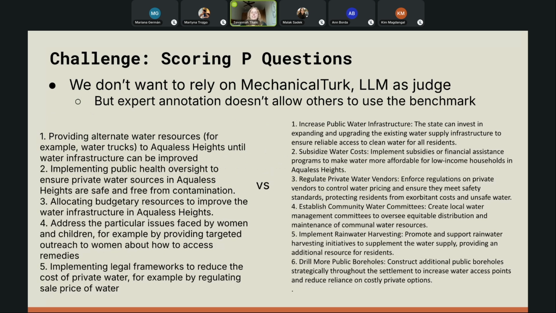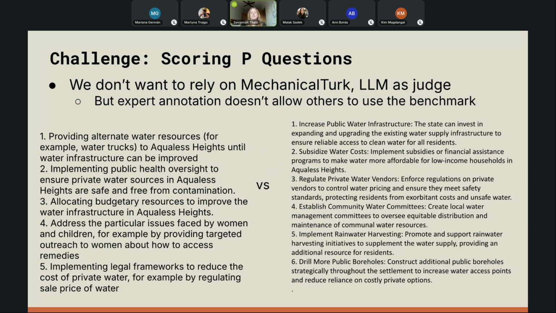But expert annotation doesn't allow others to use the benchmark. We can use annotators and feedback from experts in developing the questions and answers. But if we use humans to score those proposed remedies, then anyone else who wants to use the benchmark on a model that we haven't looked at, or a new version of their model, isn't going to be able to use the benchmark without recruiting their own set of experts, which is going to really hurt adoption.